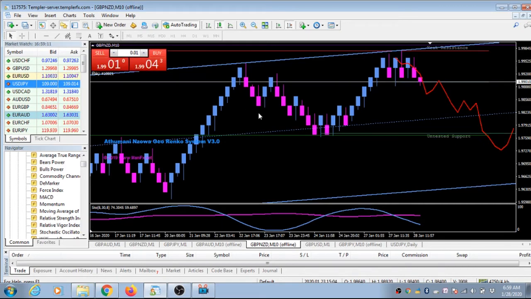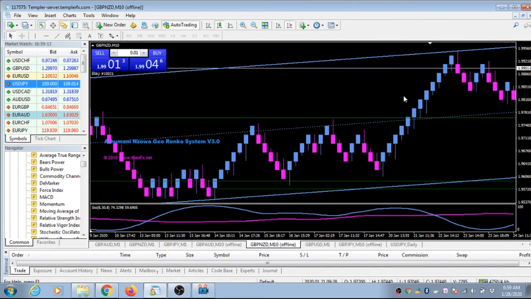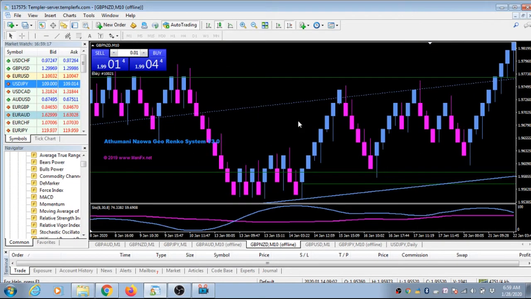But once you use the geometric Renko, you can really tell at what point it is actually turning. When I'm using the geometric Renko at this point, for me it would have been the selling point.